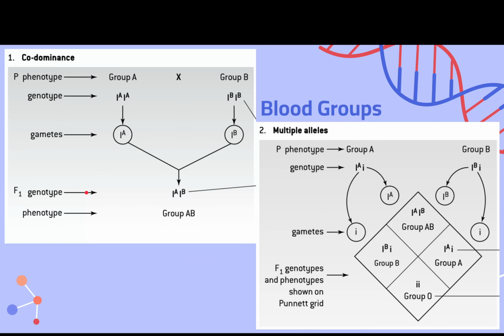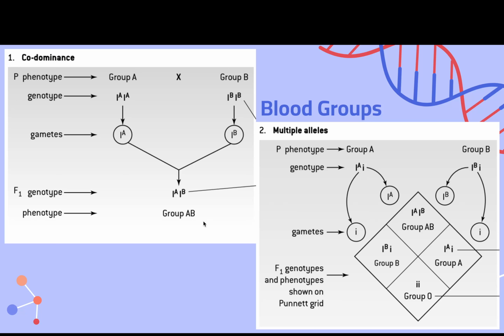Okay, so there's codominance and there's multiple alleles. Codominance is what results in group AB forming. So the parent phenotype is group A crossing with group B, which means an IA crossing with an IB. This is the situation where we're going to talk about codominance. This is what will result in a group AB.